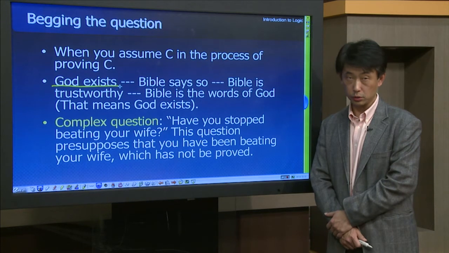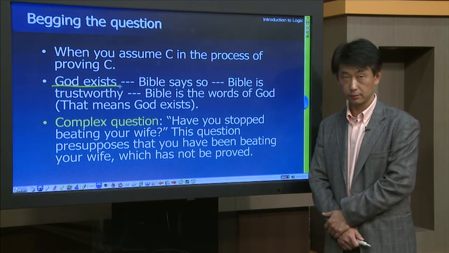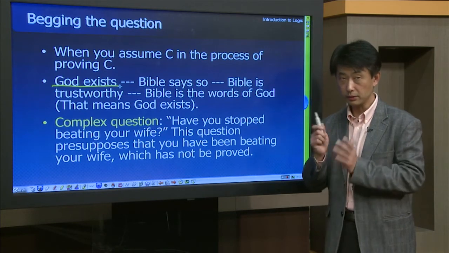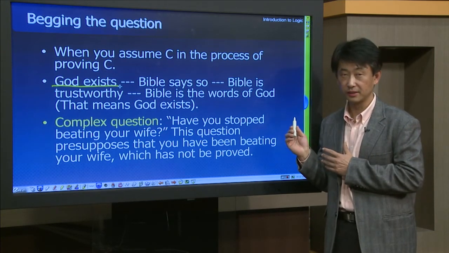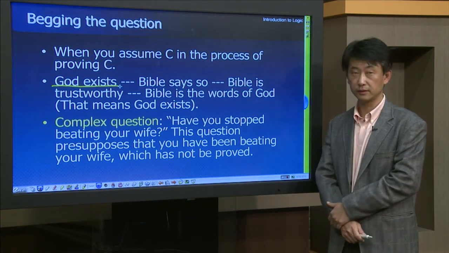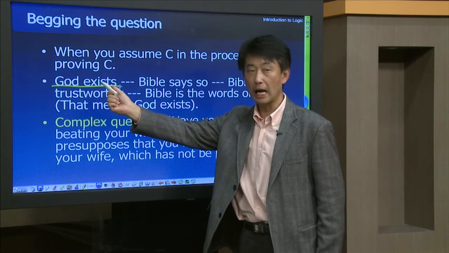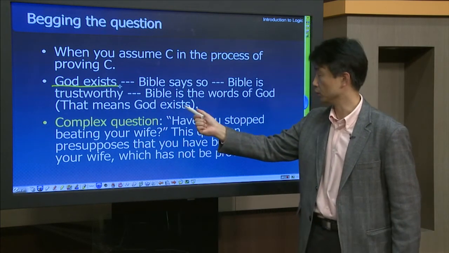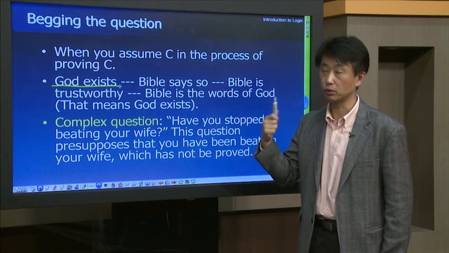What the Bible says is true because the Bible is the words of God. Now what that means is that God exists and God gave those words. So in trying to prove that God exists, you assume that God exists. That's called begging the question.